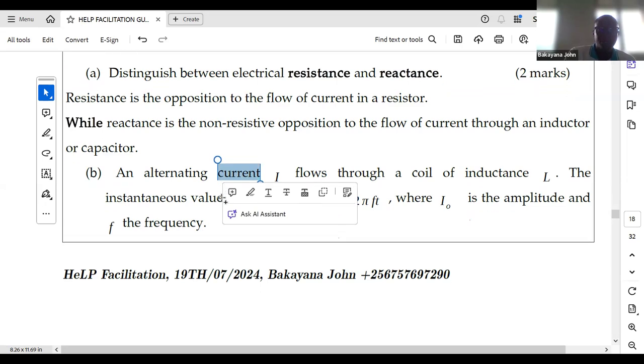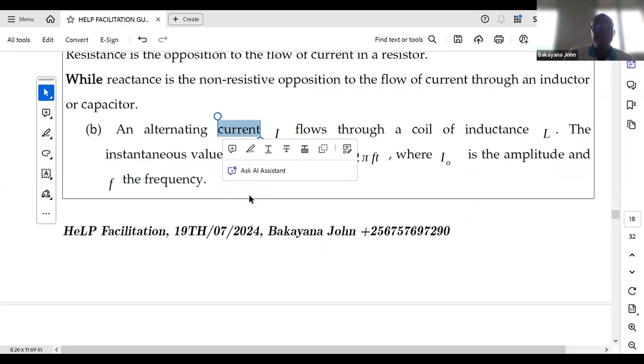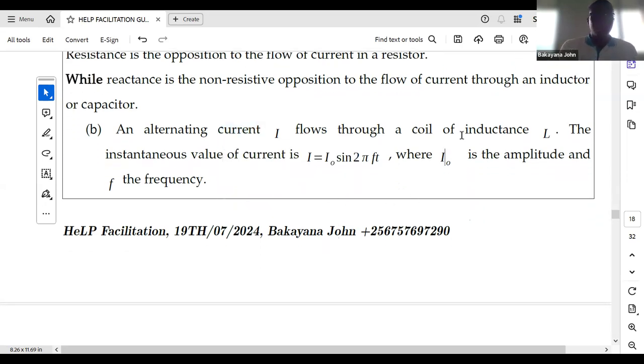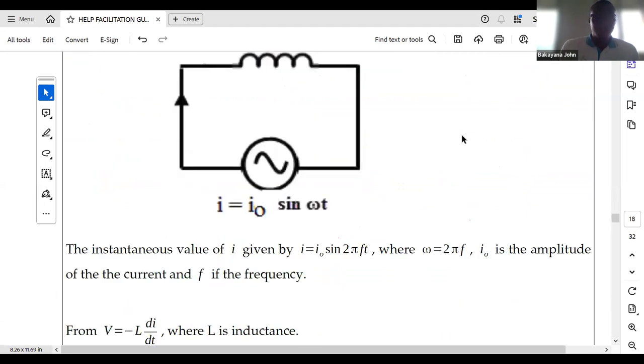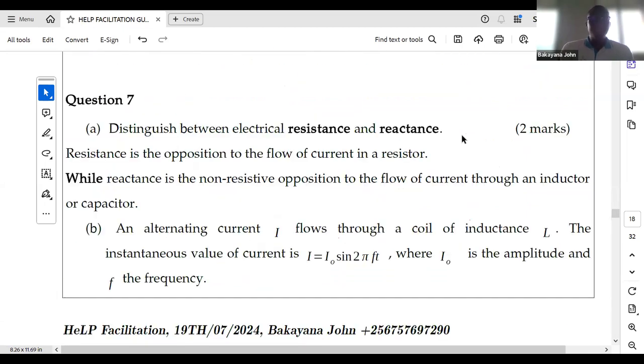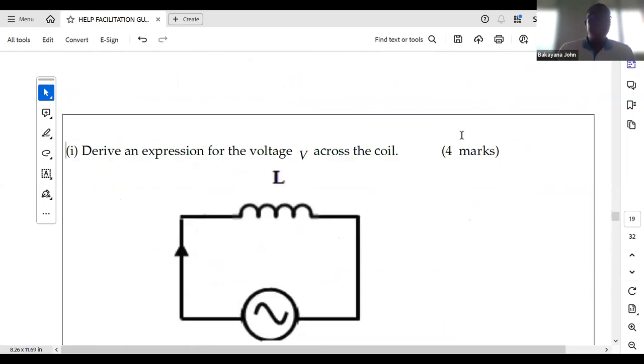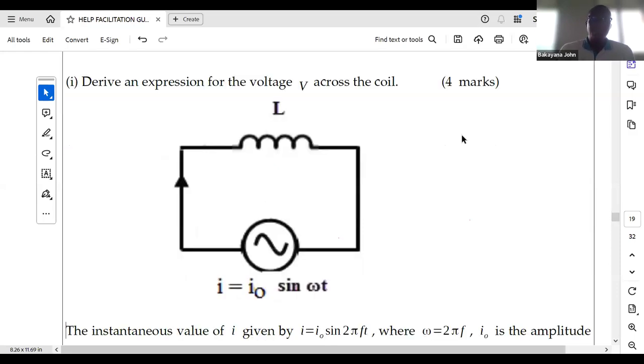Okay, so we have a question here. We are deriving. The question says, an alternating current I flows through a coil of inductance L. The instantaneous value is given by that, where I naught is the amplitude and f the frequency. So the question is asking us to derive an expression for the voltage V across the coil.